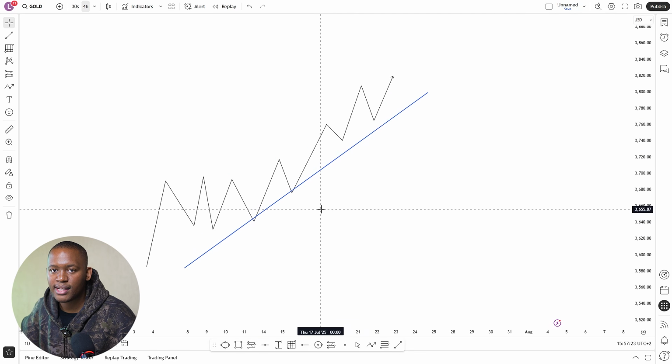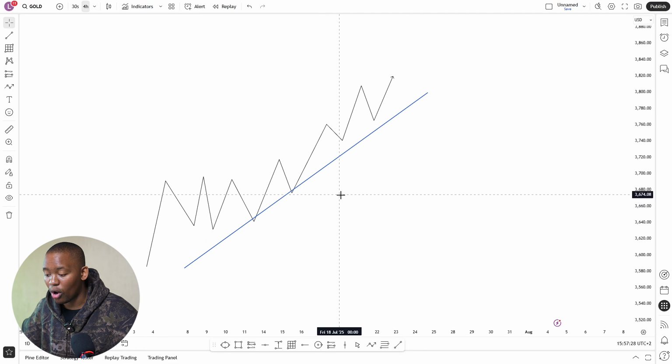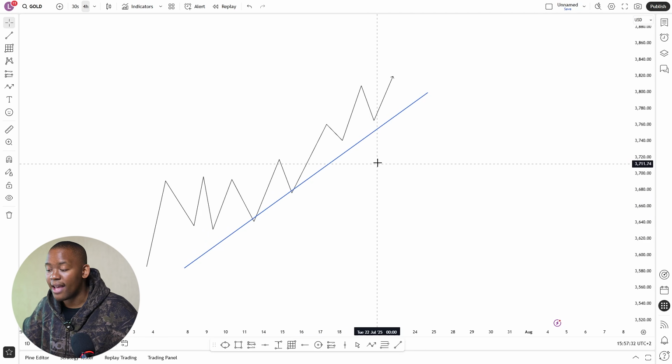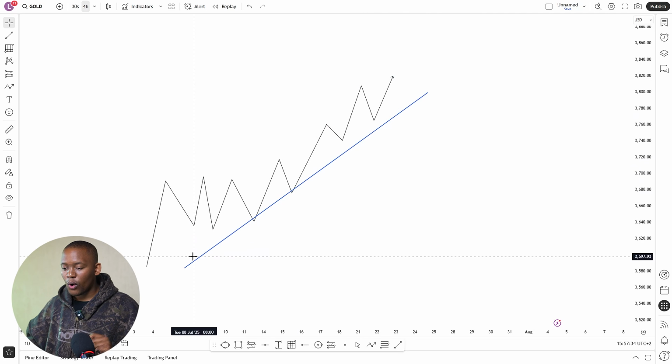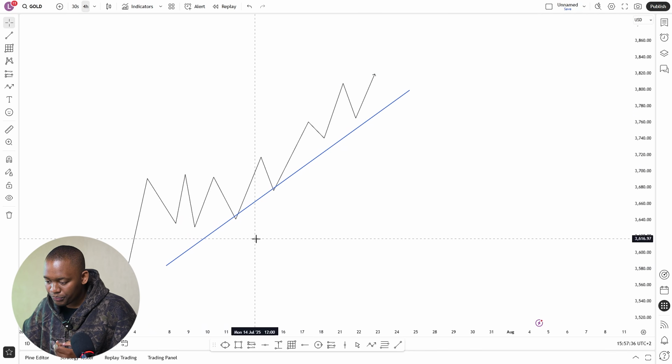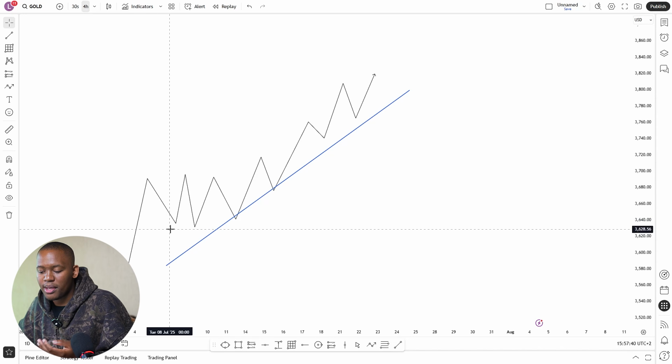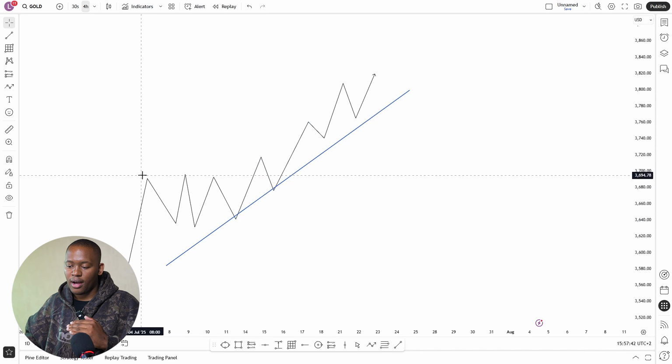So the very first step towards taking a really good entry based on the continuation model is identifying your trend on a higher time frame. What I usually tell people, let's say you are in an uptrend, is to mark higher highs and higher lows.